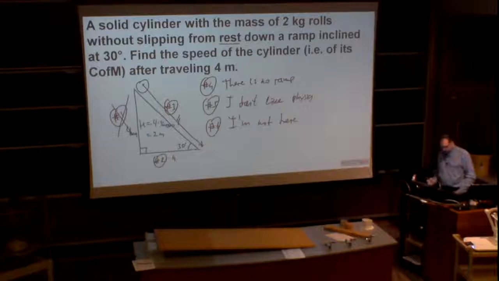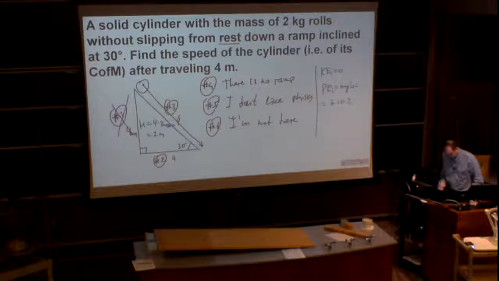Now we can start writing the equations. Well, the initial kinetic energy will be equal to 0, but the initial gravitational potential energy will be equal to 2 times 10 times 2 relative to the ground.